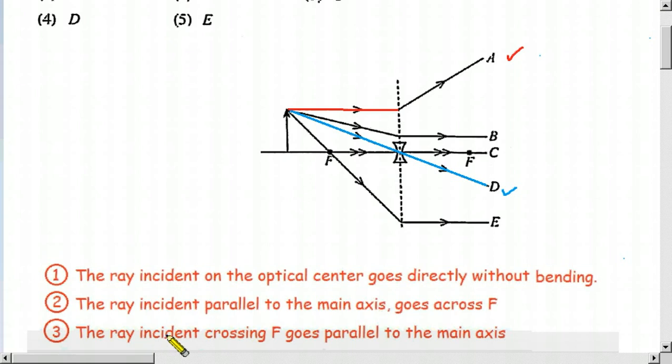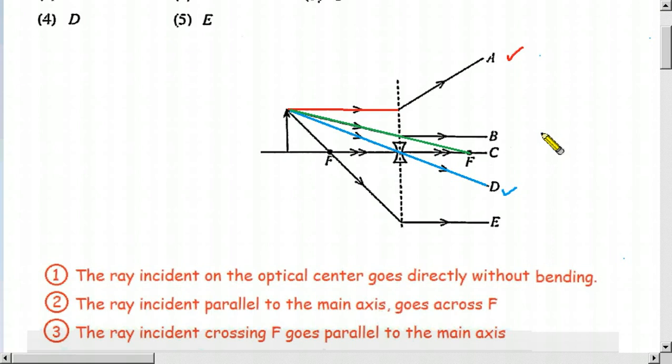The third rule: the ray incident across F goes parallel to the main axis. Across F means this F. You have to keep in mind which F these rules are valid for, because it is opposite between concave and convex lenses.